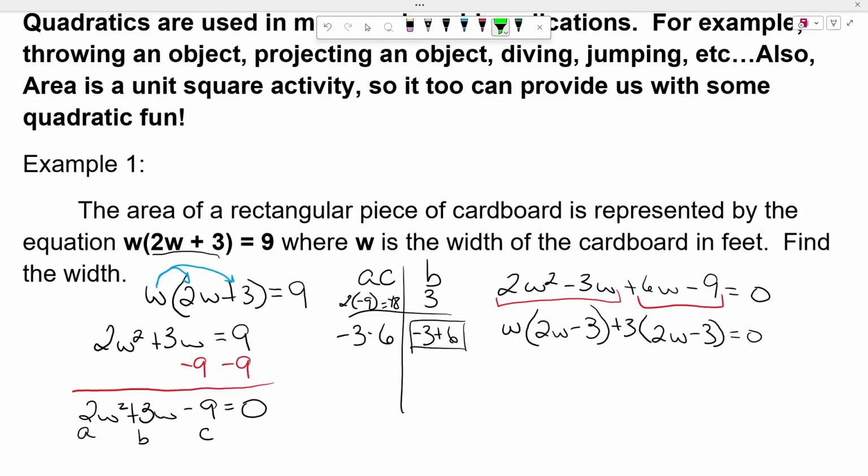Since both of these pieces are the same, I can factor those out. 2W minus 3 times W plus 3. Set each piece equal to 0.